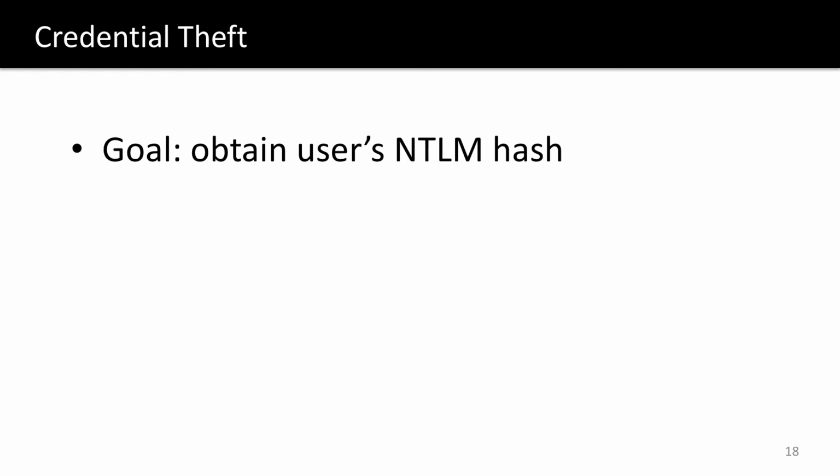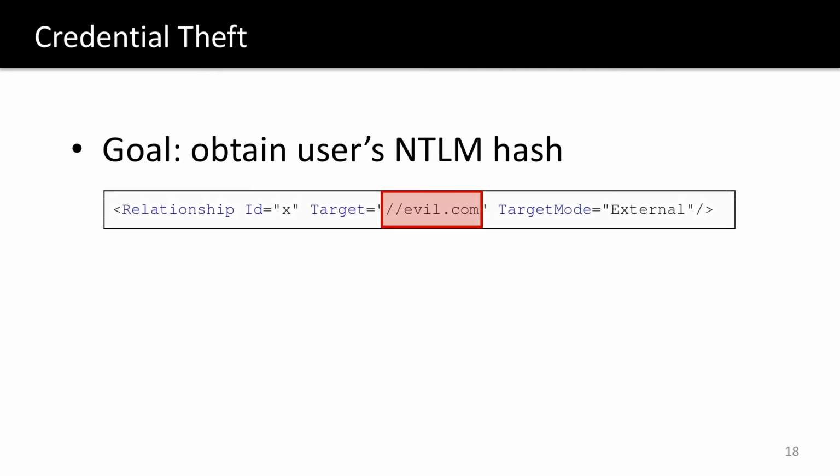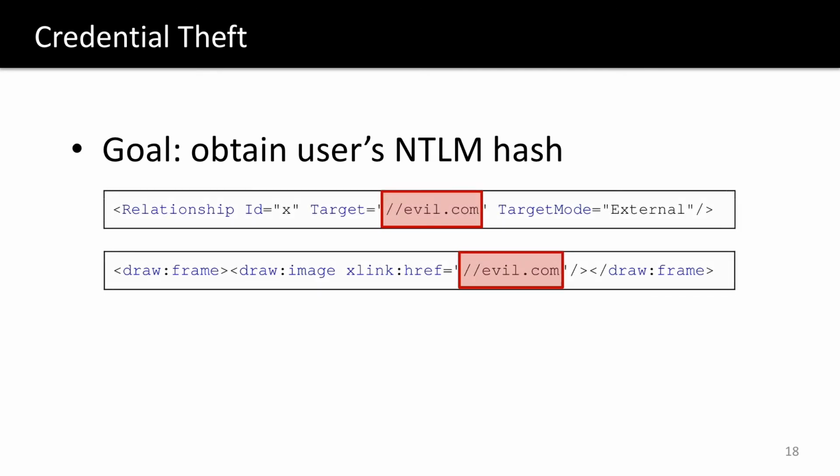Now, if the server requests authentication, Windows will automatically try to log in with a hash of the current user's credentials. This is a well-known design problem of the Windows operating system. Now, in both OOXML and ODF, this can be achieved with linked images that refer to a network share. And this attack works for both Microsoft Office and LibreOffice.